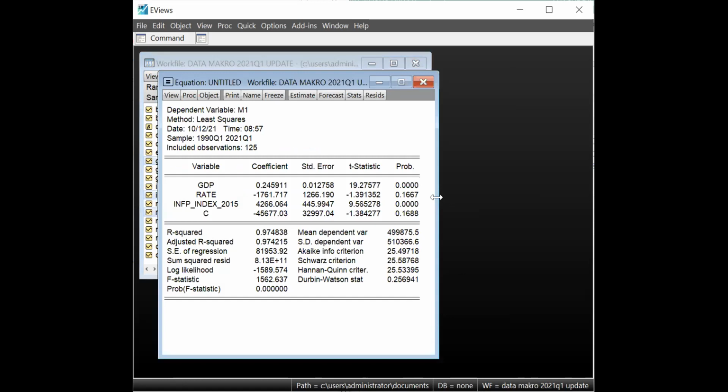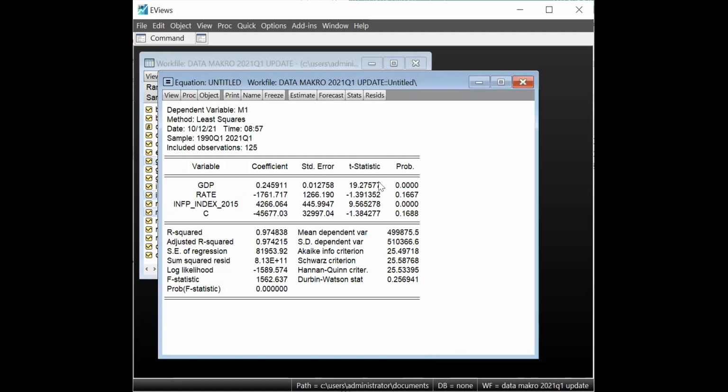Okay, we get here. GDP is significant theoretically and statistically. Can you see this one? This one is positive. And we have rate. Rate is interest rate. It is not significant. It is usual in money demand. M1 is a narrow money demand, not broad money demand.